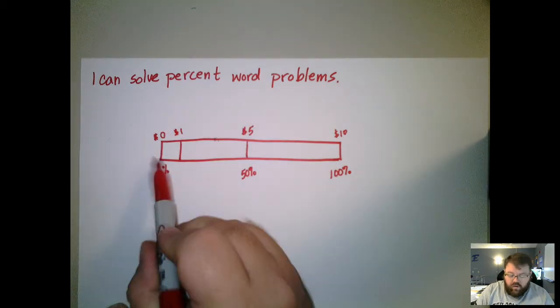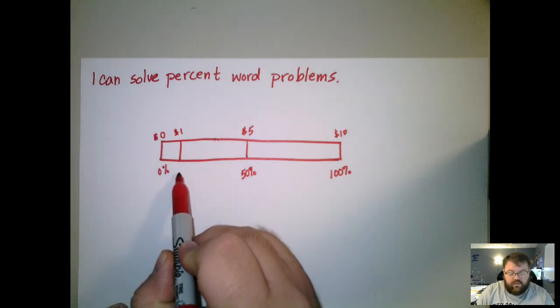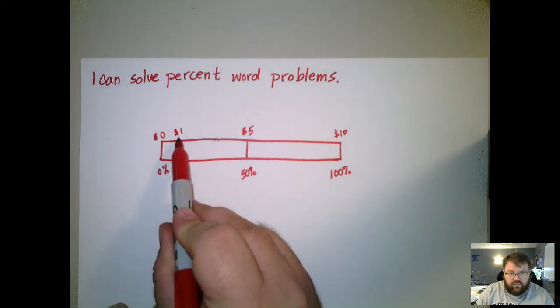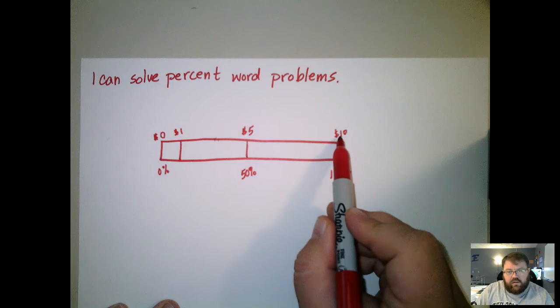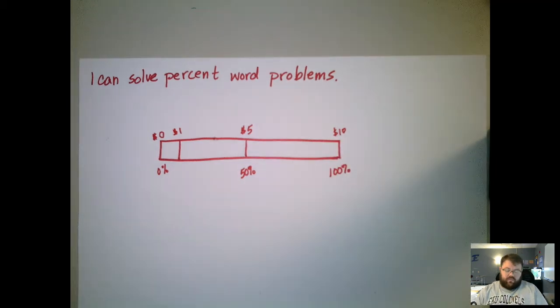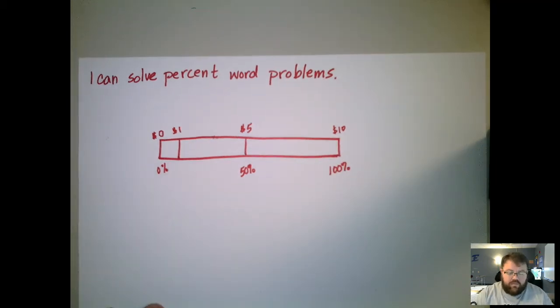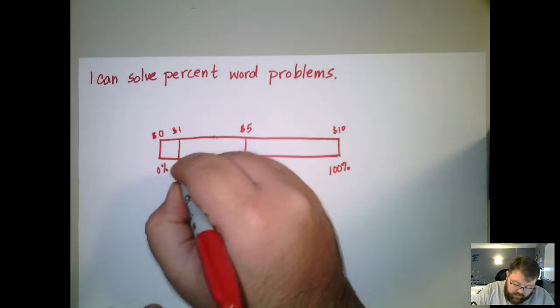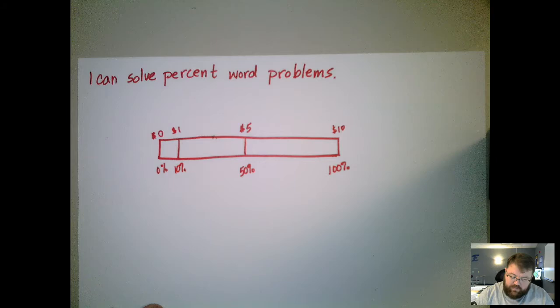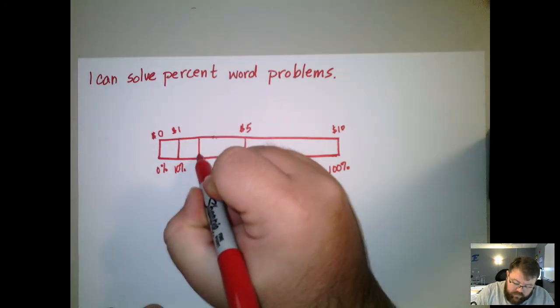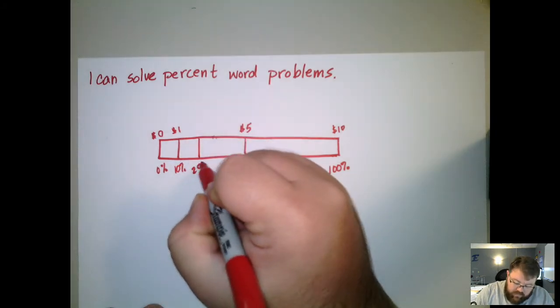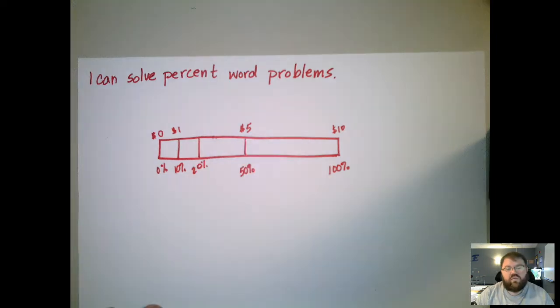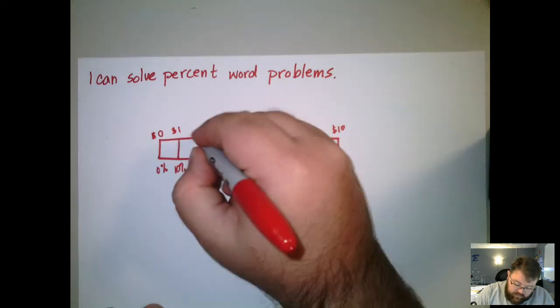What percent is $1 in comparison to $10? Hopefully you understand this to be 10%. And then from here it'd be 20%. What dollar amount is 20%? Hopefully you said 2.